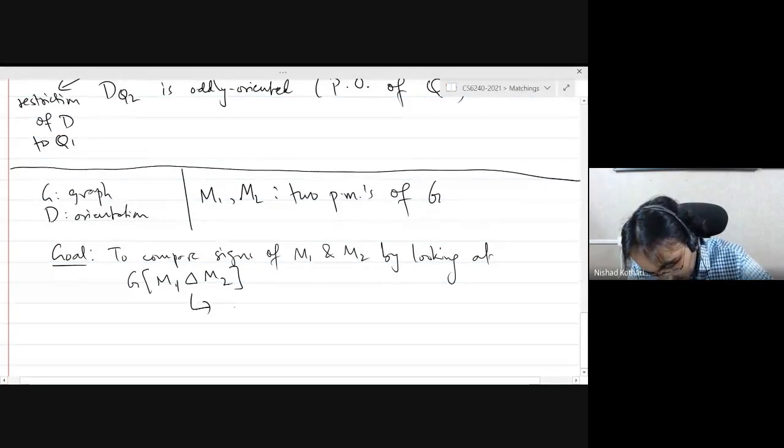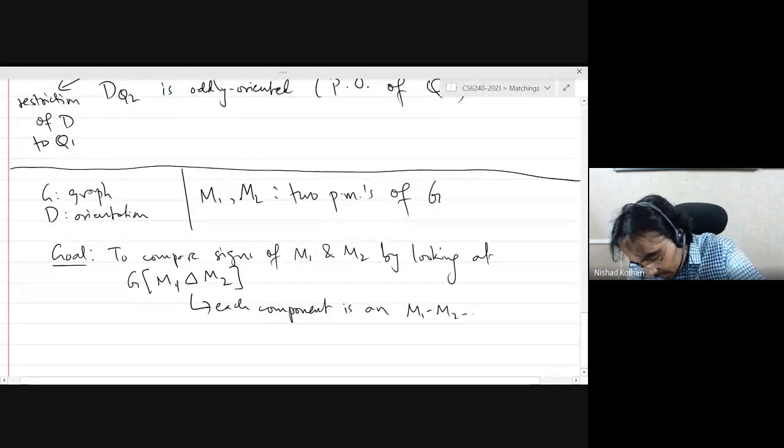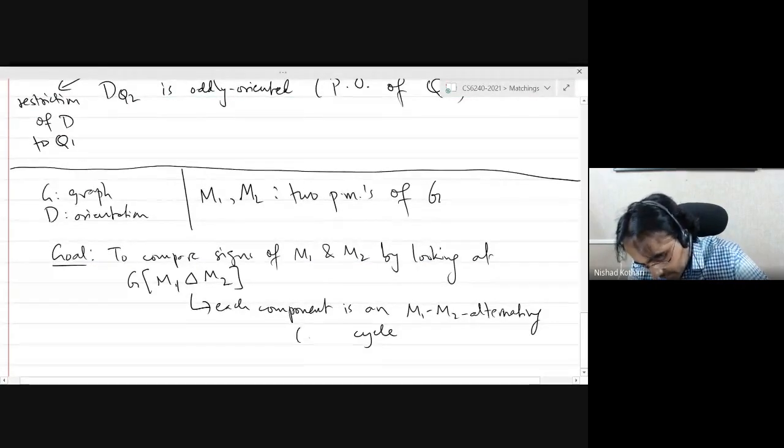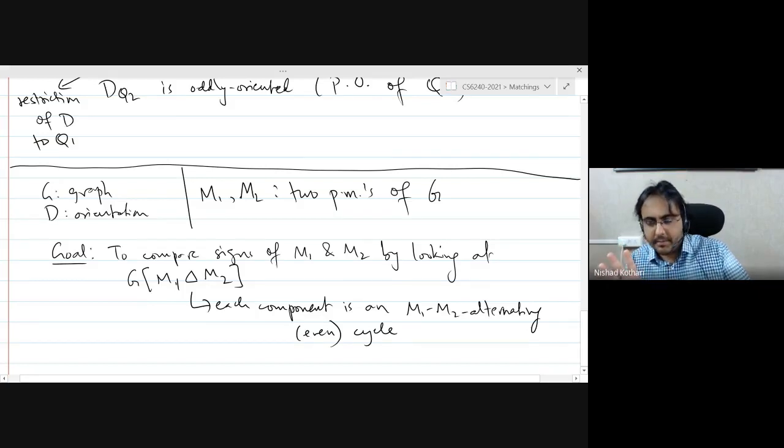Each component is an M1, M2 alternating cycle, and necessarily it has to be an even length cycle, right? So we want to look at these cycles, and by looking at these cycles, we want to figure out whether the two perfect matchings have the same sign or do they have different signs.